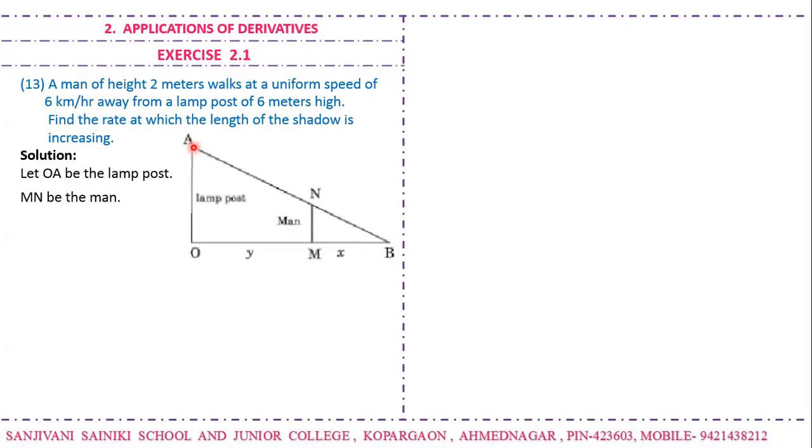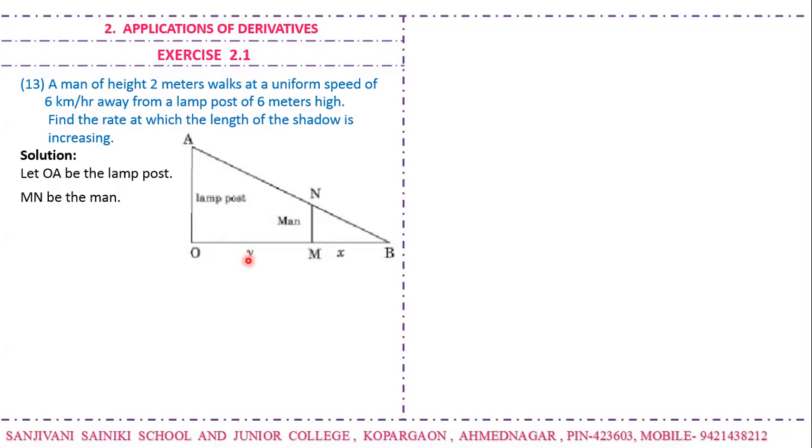Here, this OA is the lamppost. This MN is the man whose height is 2 meters. The height of this lamppost is 6 meter. This x is the length of the shadow, and this y is the distance between the man and the lamppost. The man is going away from the lamppost at the rate of 6 km per hour.